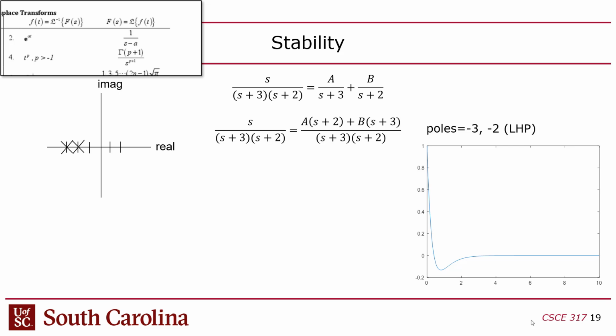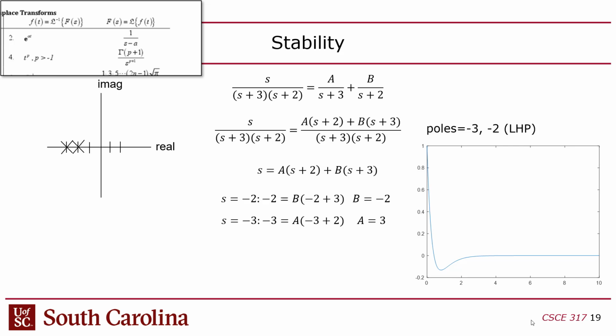Okay, so likewise, let's take another quick example where I had a stable one. So here's a stable example. All I did was artificially set the transfer function so the two poles were negative, right?